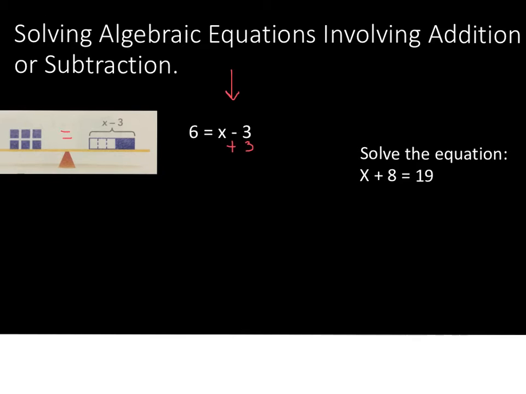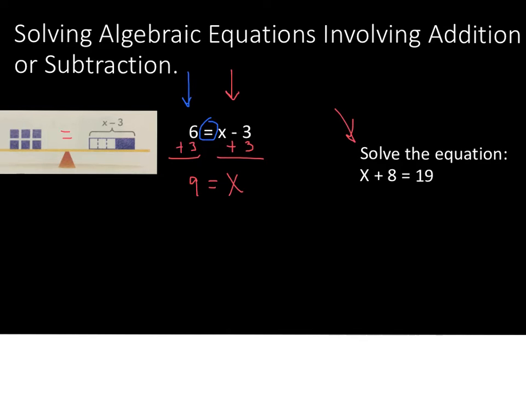But because I added on this side of the equation, I need to add on the other side of my equal sign where my fulcrum is. So I'm going to add 3 here. And now I have 6 plus 3 is 9, which is equal to x. And as you guys can see, if we were to plug that back in, 6 is equal to 9 minus 3.